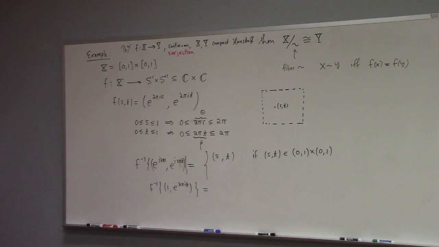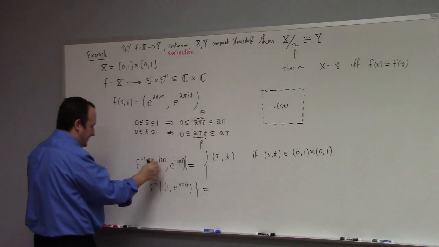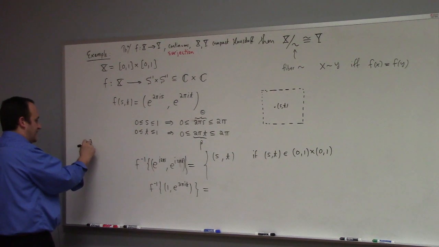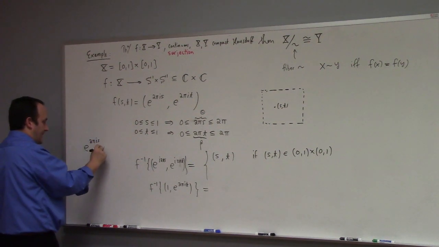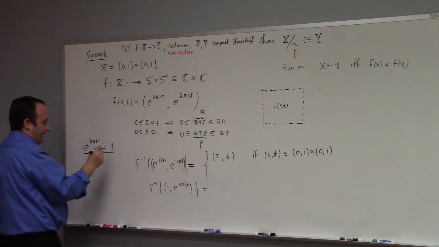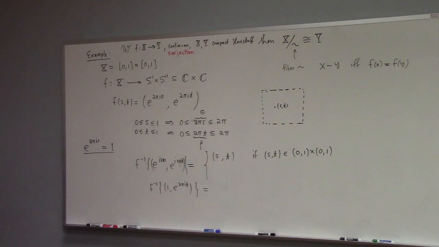In order to get e to the 2 pi i s equal to 1, what does that say about s? s equal to some integer, right? But remember, s here is not some integer.